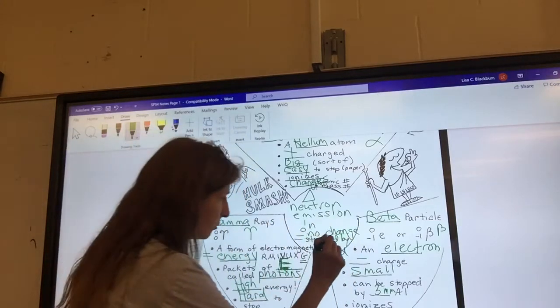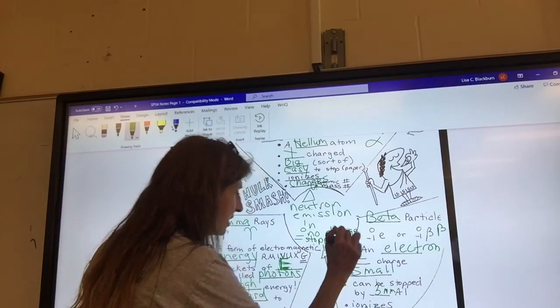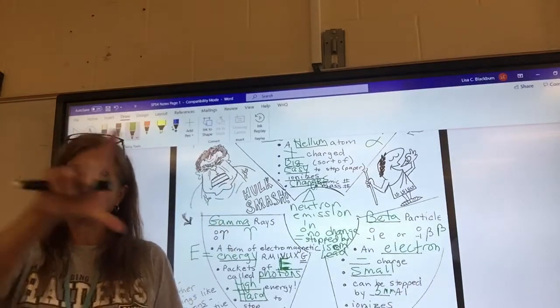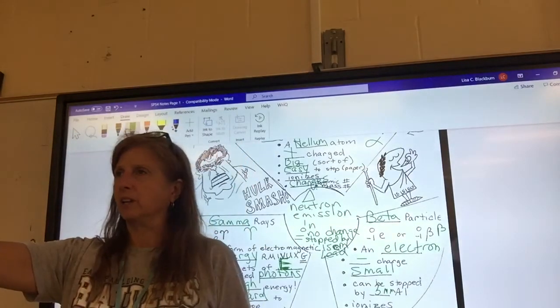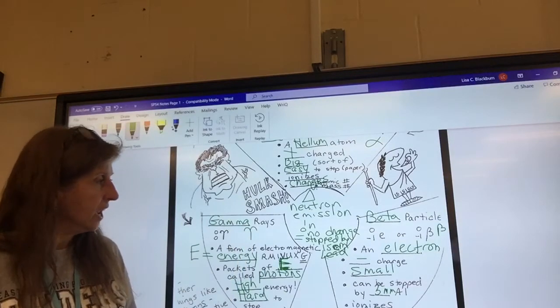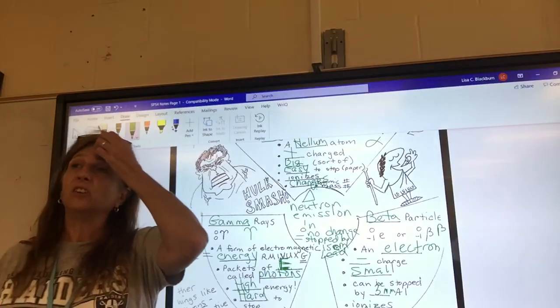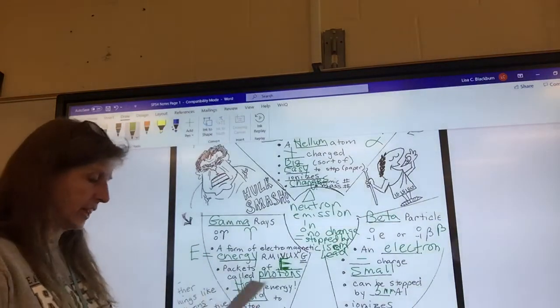Oops, I left off my C. Centimeters. So it's about that much lead. About that much lead will stop it. What'd you say under no change? It's stopped by 15 centimeters of lead.